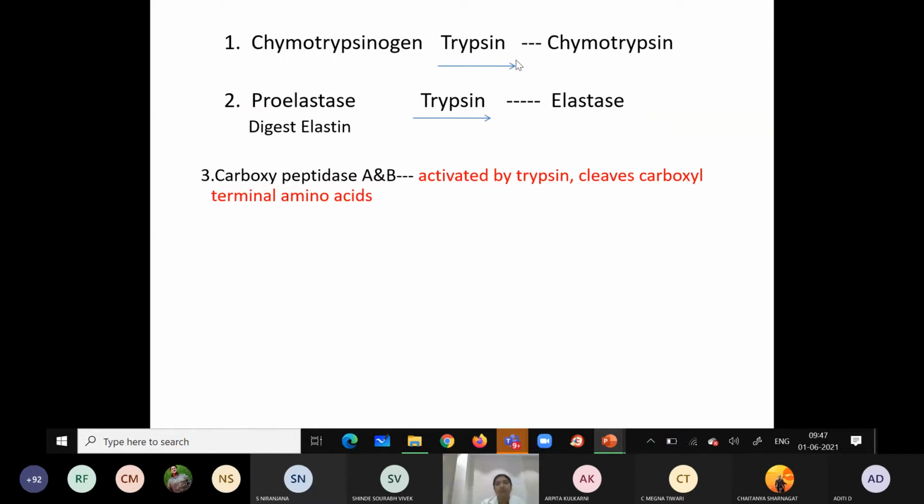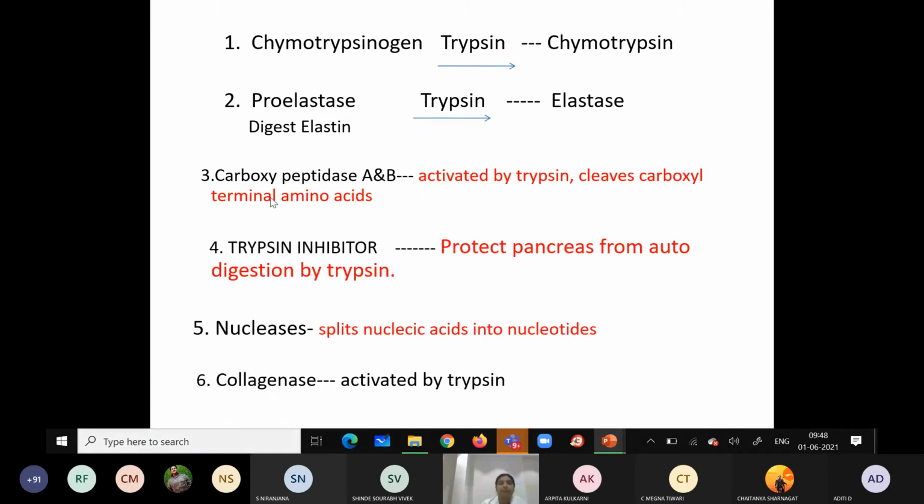Then chymotrypsinogen is converted into active chymotrypsin with the help of trypsin. Proelastase, which digests only elastin, is again activated by trypsin. Carboxypeptidase A and B are also activated by trypsin. I told you, once trypsin is formed, it automatically starts activating all other enzymes. It cleaves only the carboxyl terminal.